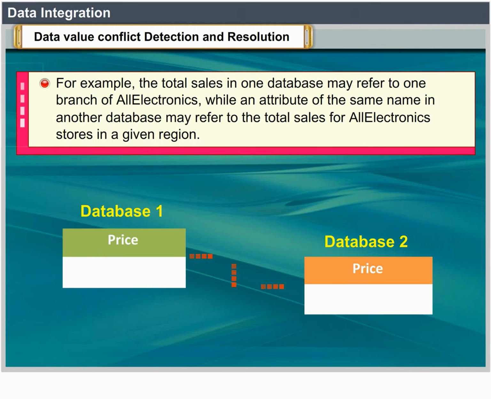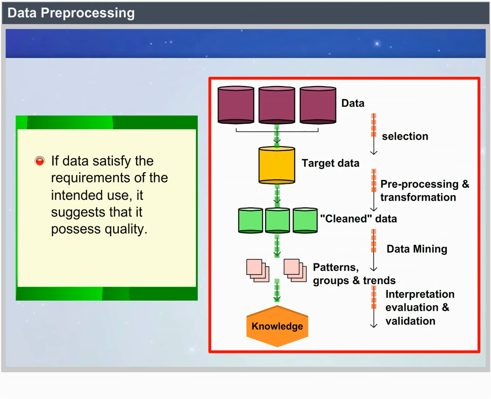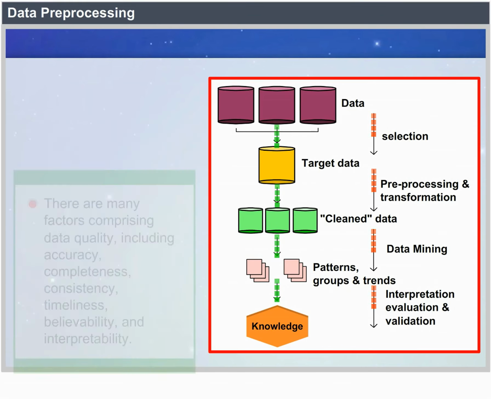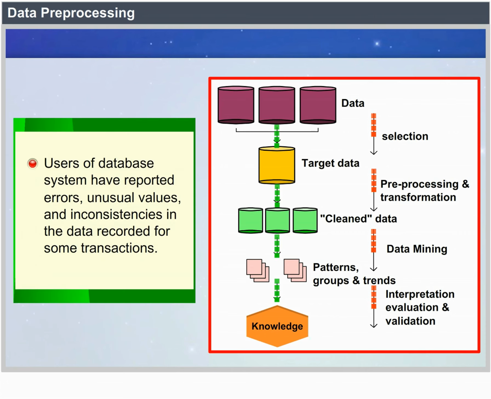Data preprocessing. Data have quality if they satisfy the requirements of the intended use. There are many factors comprising data quality, including accuracy, completeness, consistency, timeliness, believability, and interpretability. Users of database systems have reported errors, unusual values, and inconsistencies in the data recorded for some transactions.